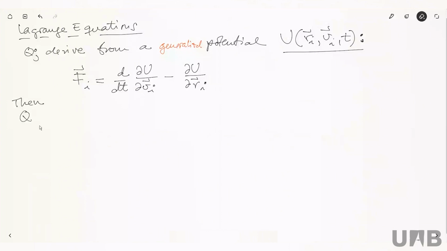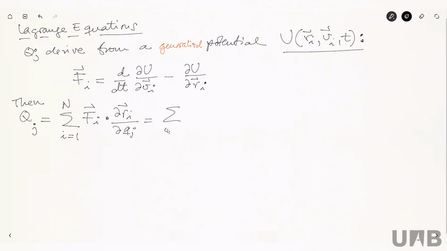Qj, let me just try to be as systematic as possible. Qj, remember, had the following expression: the sum from i equals 1 up to capital N of the forces times the derivative of Ri with respect to Qj. That is the expression that we found a couple of slides ago.